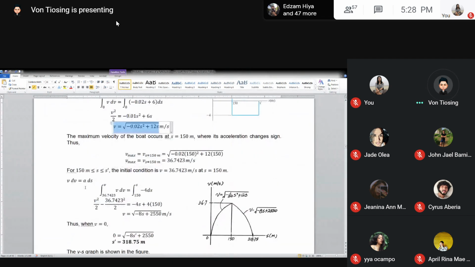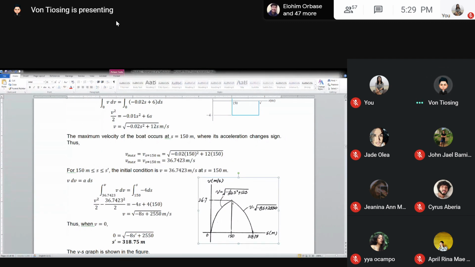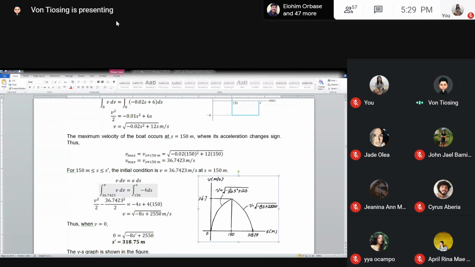So for s equals 150 meters to a certain value s prime, the initial condition is v is equal to 36.74 meters per second. Yun yung nakuha natin kanina sa first one, no?